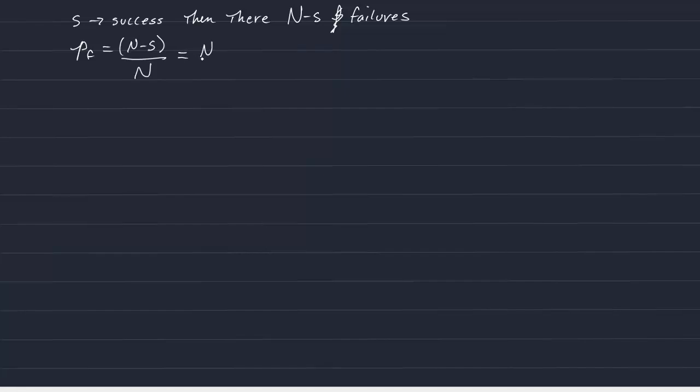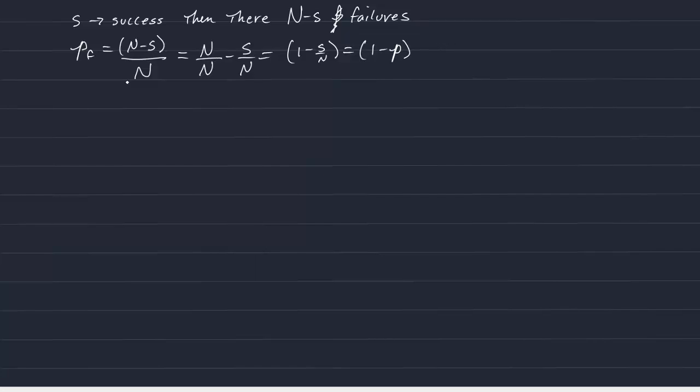And so this turns into N minus S over N, and that's equal to 1 minus S over N, and that's equal to 1 minus the probability of success. So that's the probability of failure.